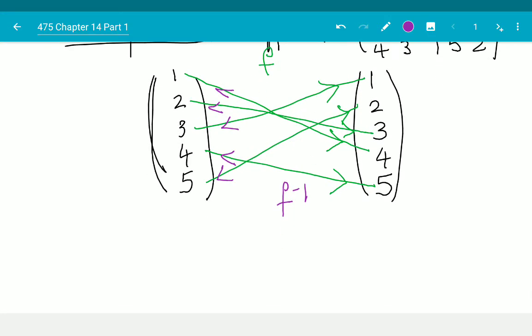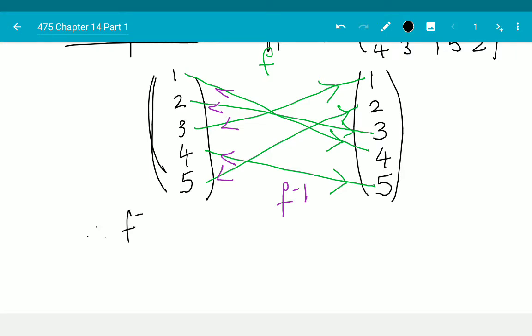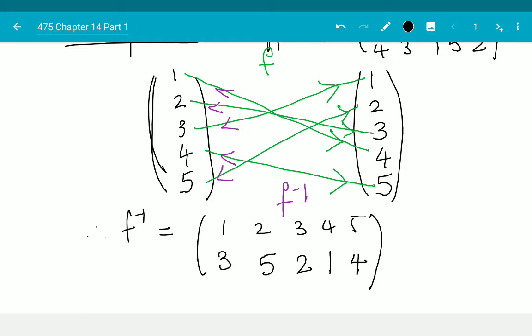So f inverse is equal to 1, 2, 3, 4, 5 going to 3, 5, 2, 1, 4: 5 goes to 4, 4 goes to 1, 3 goes to 2, 2 goes to 5, and 1 goes to 3.